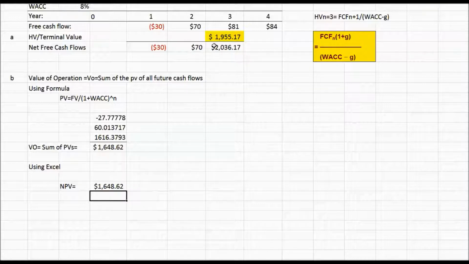NPV basically gives the sum of the present value, right? So this is the value of operation using Excel. Let me highlight this one. Both of them mean the same thing, but we are just using different tools. Okay, now let me use a financial calculator.